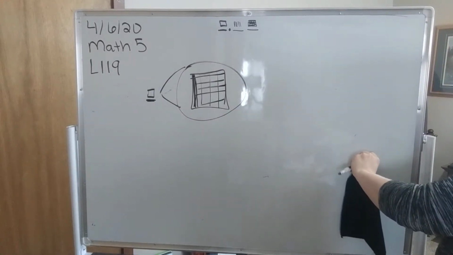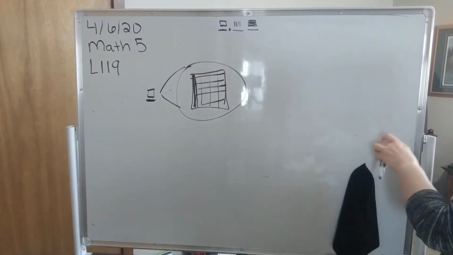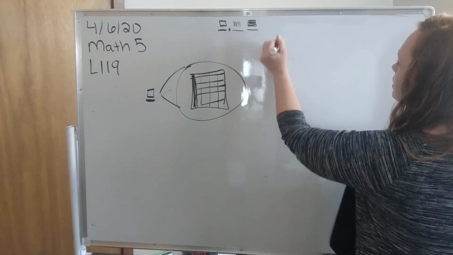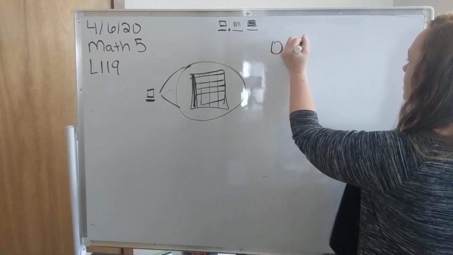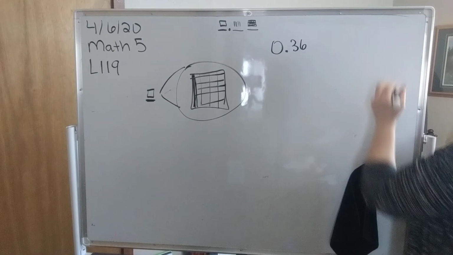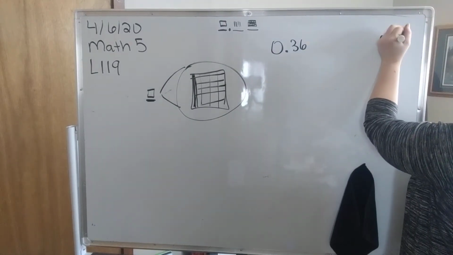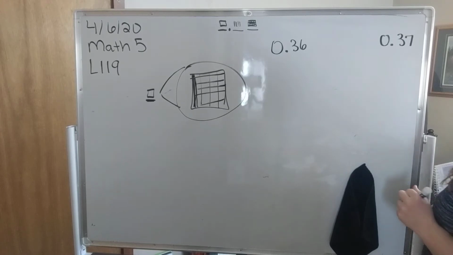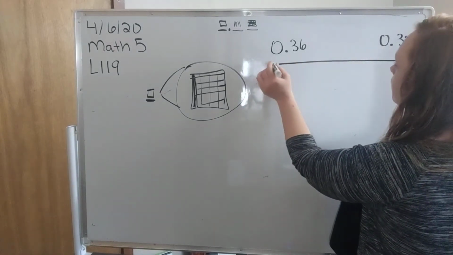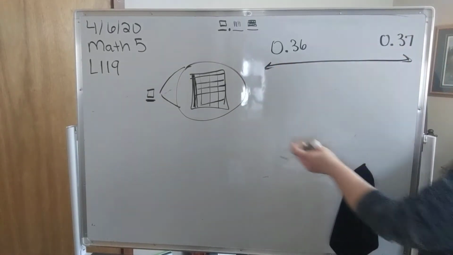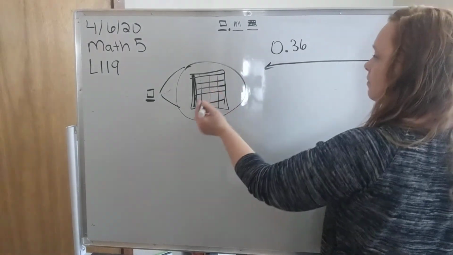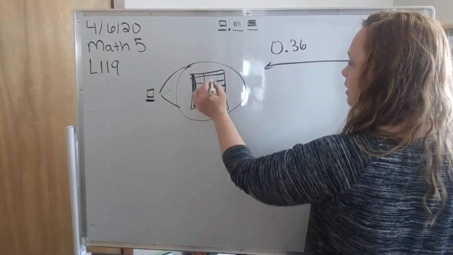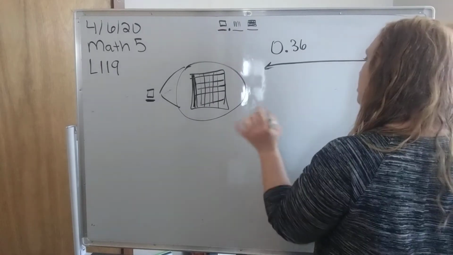Okay, so on your worksheet, you have 0 and 36 hundredths on one end, and you have 0 and 37 hundredths on the other end. So what is in the middle? Well, if we look over here and we have this cut into hundredths, it's not a very good one.